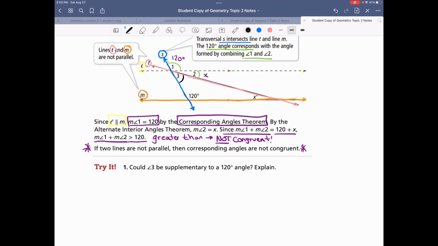Well, unfortunately, that little piece of angle 2 is in there, where angle 1 and 3 are almost a straight angle, but they're not, because the measure of angle 1 plus the measure of angle 2 plus the measure of angle 3 is equal to 180 degrees because they form a straight angle.